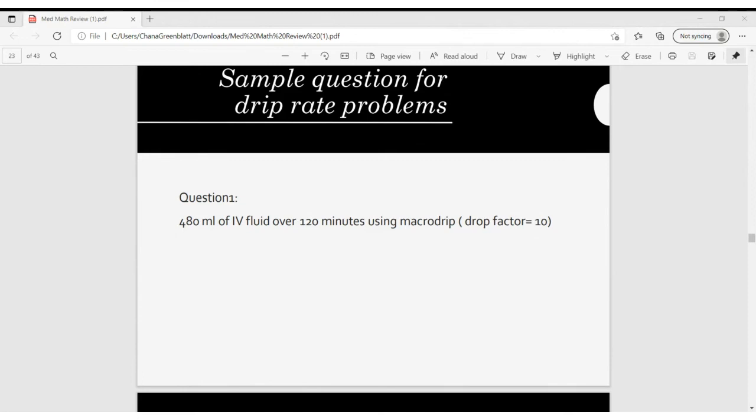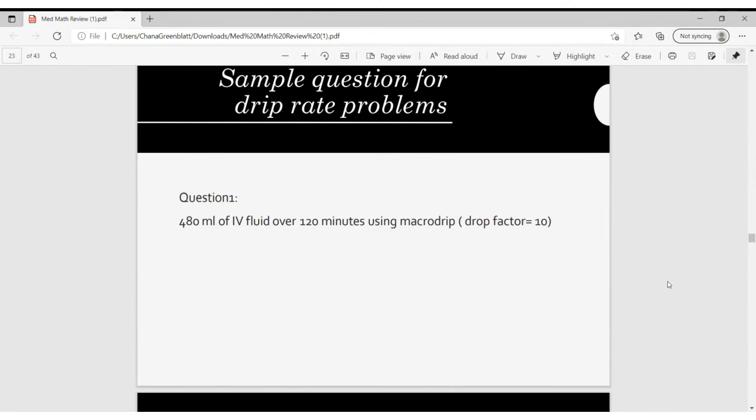Okay, so let's go to the question and let's plug things in. Okay, I read the question. Here we go. 480 milliliters of IV fluid is going over 120 minutes. So whoever wrote this question was very nice and didn't say 2 hours. If it were to say 2 hours, you would need to convert that to 120 minutes, using macro drip.